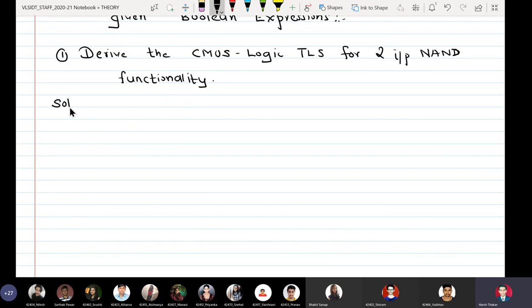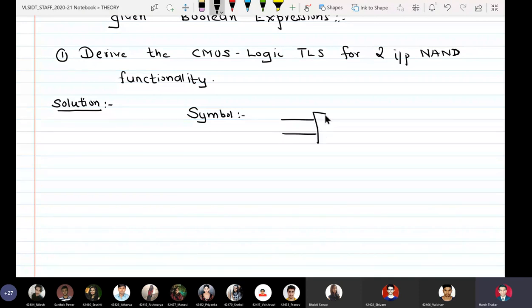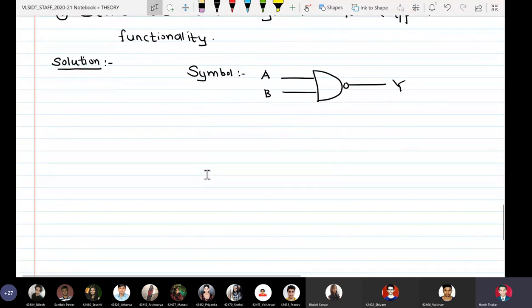Solution. We know that the symbol of a 2 input NAND gate would be like this. Inputs are A and B, output is Y. Please understand one thing: if you want to realize any functionality using CMOS, you first have to write the Boolean expression.